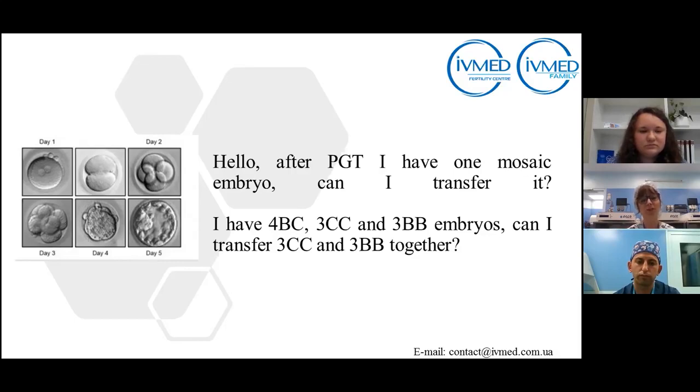Of course, you need to remember that an embryo of CC grade is, let's be honest, of poor quality, and it has very low chances to implant, but it won't influence the other one.